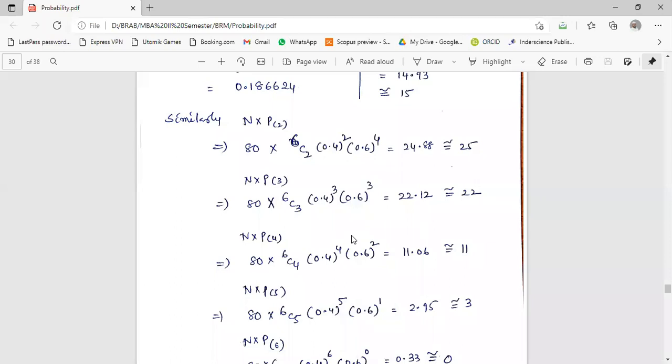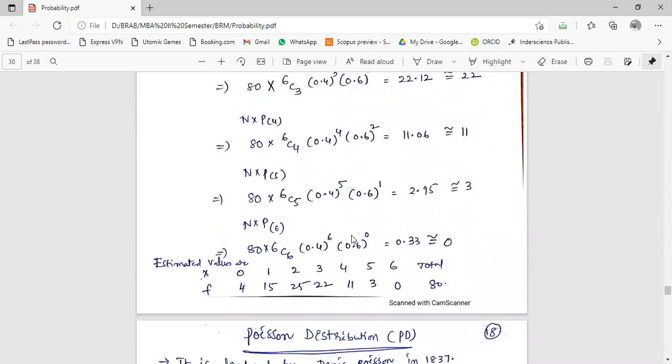Likewise, next who will answer? Angeline, can you explain how you calculate P of 5? Harshita Agarwal. Priyanka.